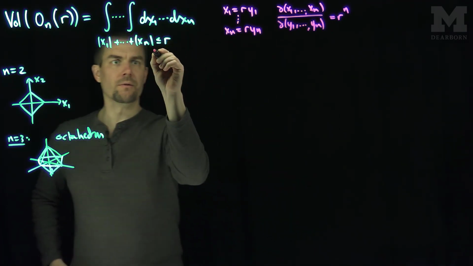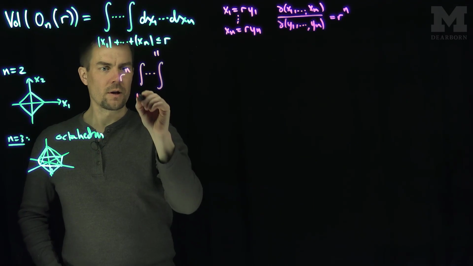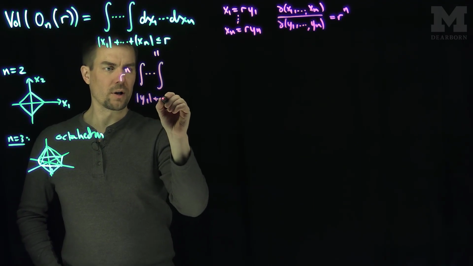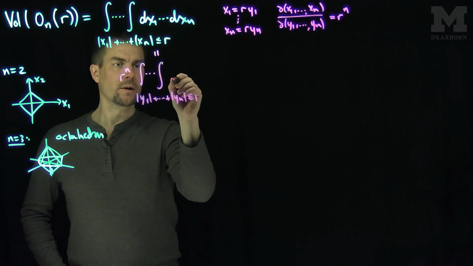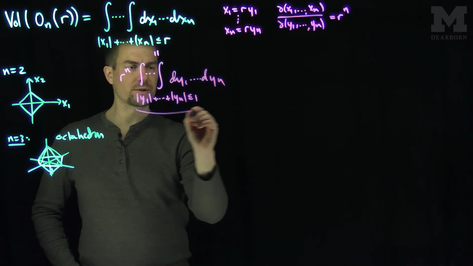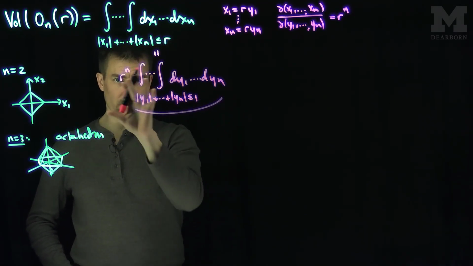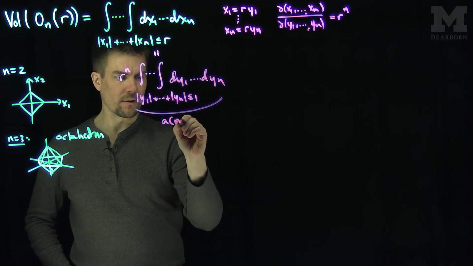So we can change this integral over here into r to the n, the n-fold integral over absolute value y1 plus ... plus absolute value yn less than or equal to 1 dy1 through dyn. We're going to find a recursion for this integral over here without the r to the n. I'm going to call this expression over here a of n.